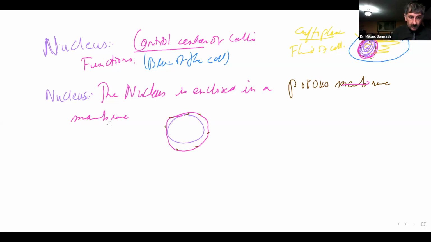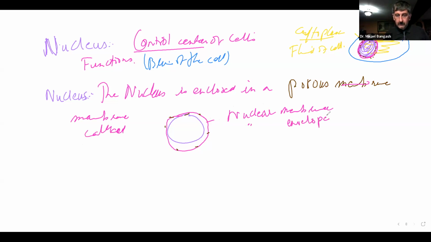This membrane here is going to be called, we can call it the nuclear membrane. Or some people may also refer to it as the nuclear envelope, just like a mail envelope.